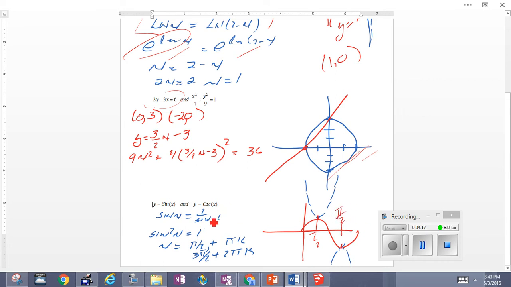So solving these, I said sine of x equals cosecant of x. Of course, cosecant of x is 1 over sine x. Cross multiplying gives me sine squared x equals 1. So then I get that the sine of x needs to be either plus or minus 1, which of course first occurs at pi over 2, and then 3 pi over 2, and then all cycles down the line.